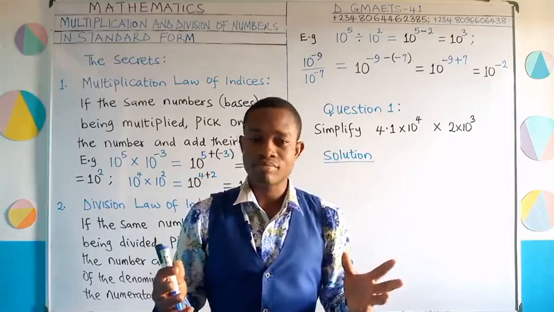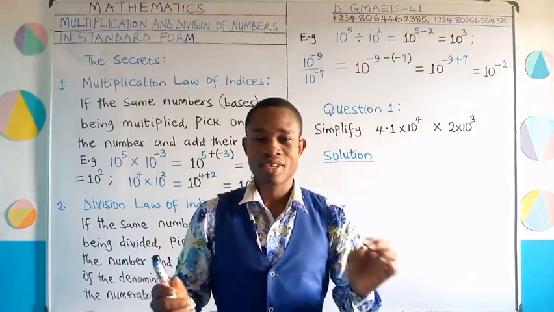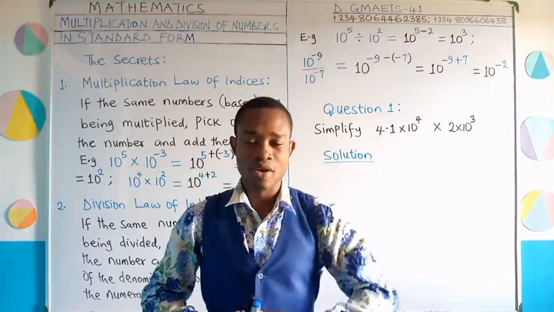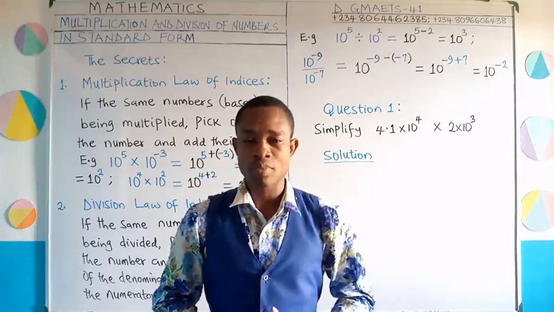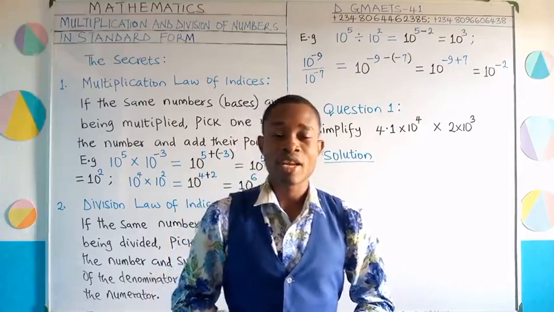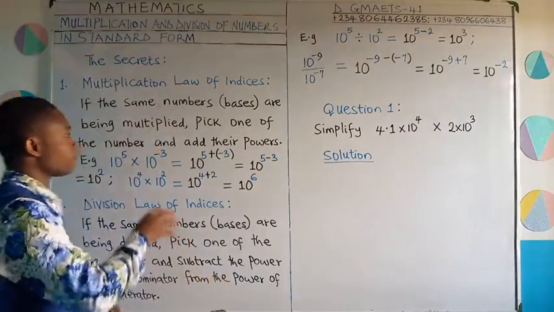There are more than two laws of indices, but we just need two of the laws as secrets to help us be able to multiply or divide numbers in standard form. So let us quickly look at these two secrets, okay?